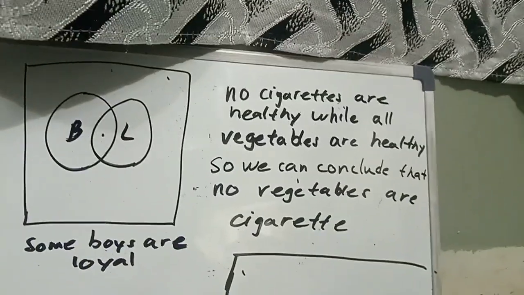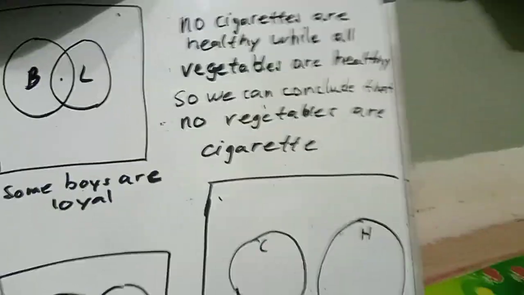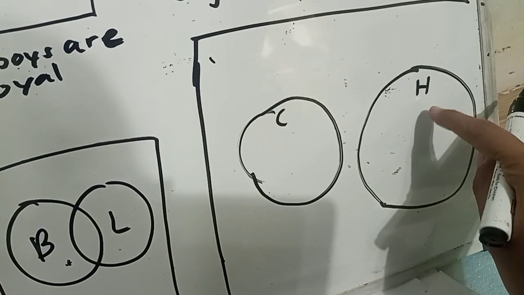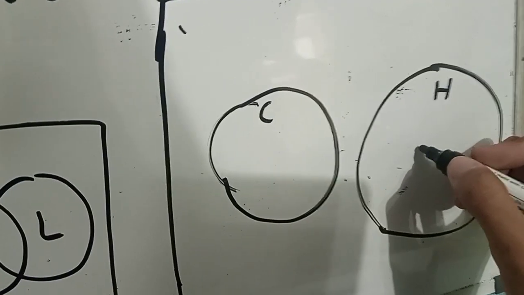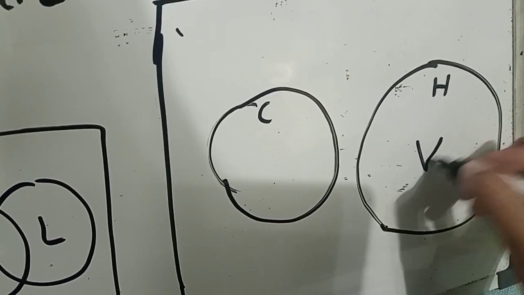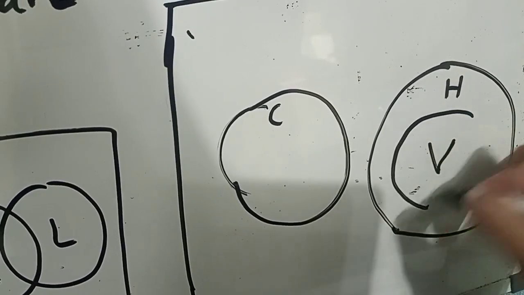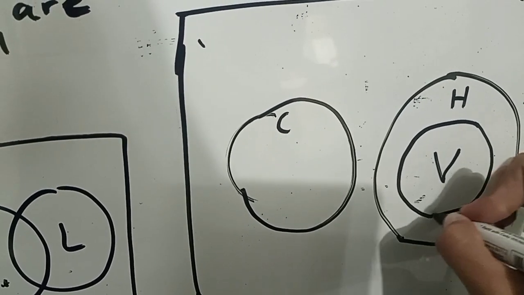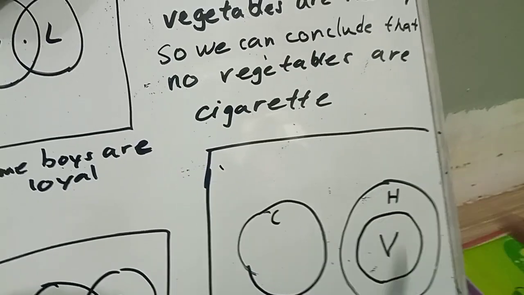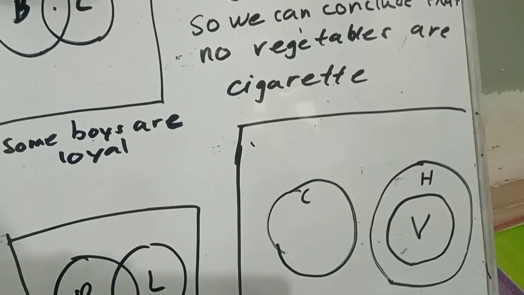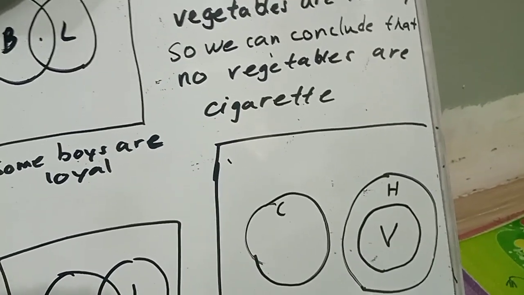Then all vegetables are healthy, so this is the healthy circle. Let's just say this is vegetable. We can say that all vegetables are healthy since it is inside the healthy circle.